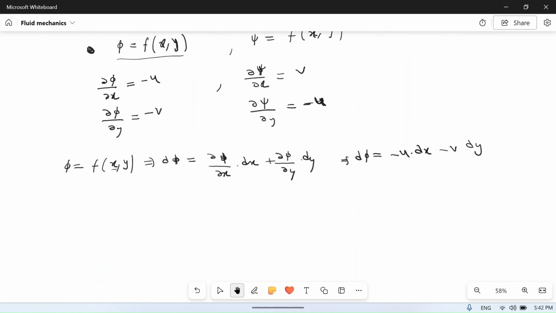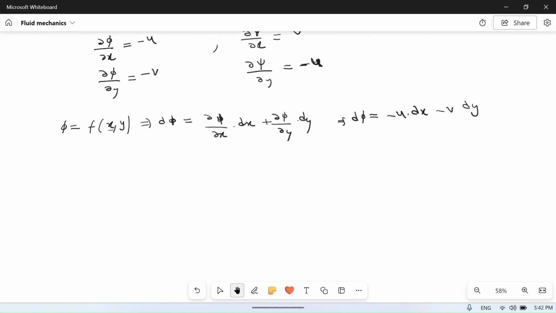So if we are considering an equipotential line, then phi will be constant and d phi, the derivative of that constant, will be 0. So it will become 0 is equal to minus u dx minus v dy. But this is only for equipotential lines. For equipotential lines you can also write u dx is equal to minus v dy, or dy by dx is equal to minus u by v.